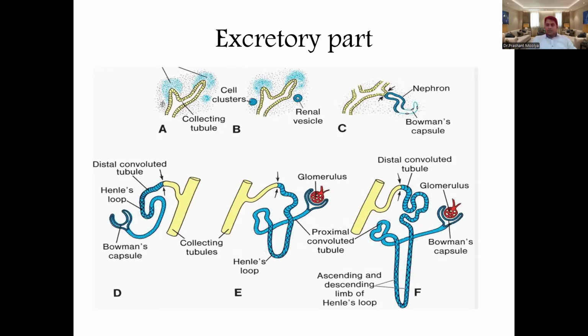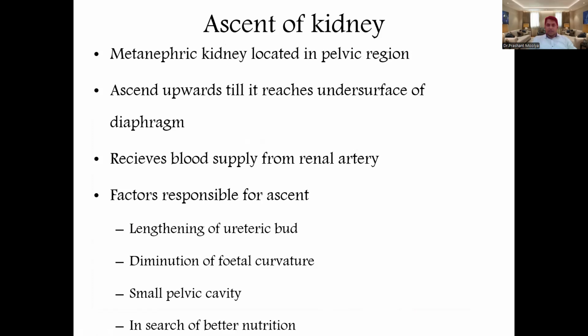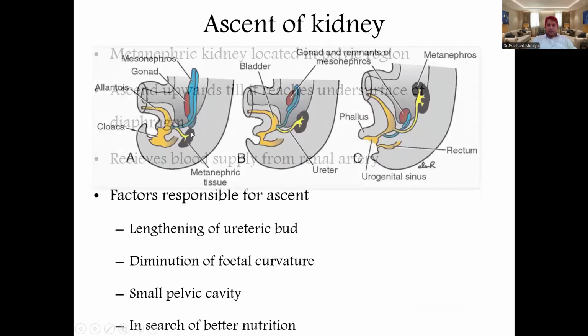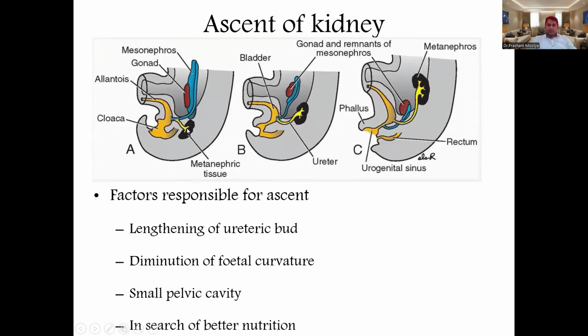Now, the kidney which is formed is developed in the pelvic region, which is right here. But this is not the definitive place of the kidney. At this place, it gets its blood supply from the median sacral artery. Further, the kidney ascends up, and the reasons for the ascent could be lengthening of the ureter and diminution of the fetal curvature as the fetus is getting uncurved.